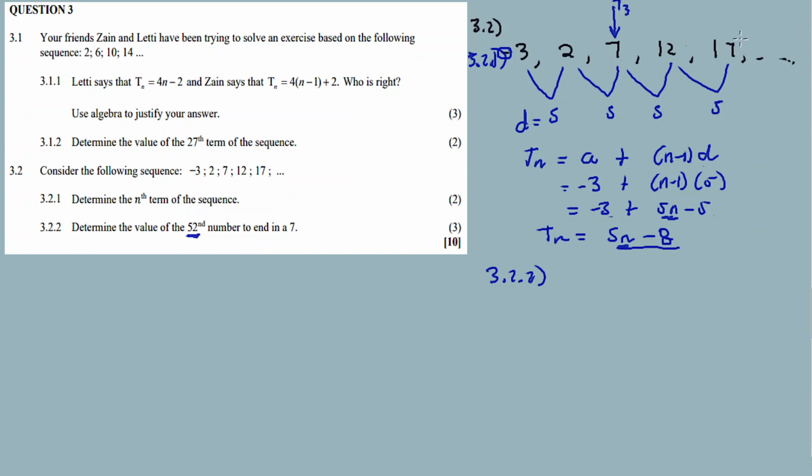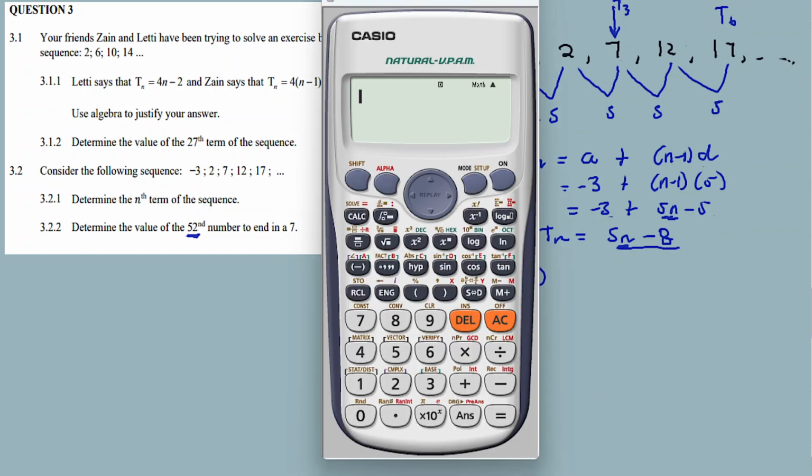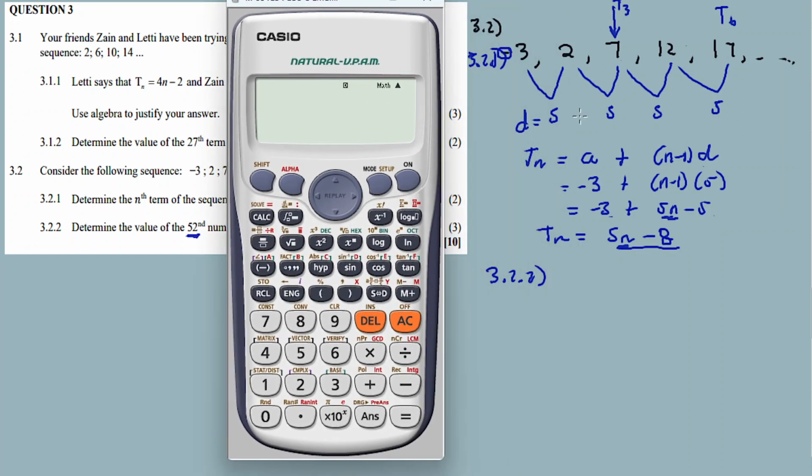The second number ending in 7 is term number 6. What about the next one here? So we use our formula, the nth term.